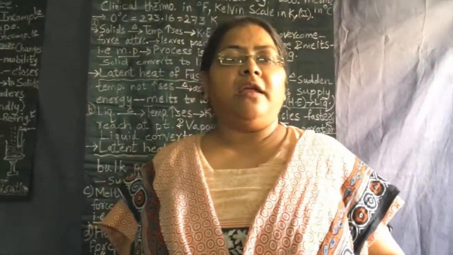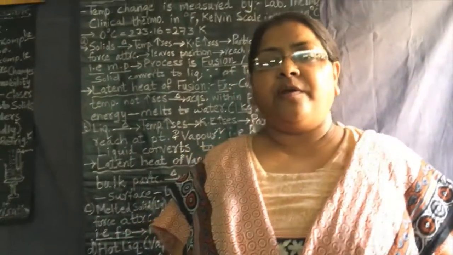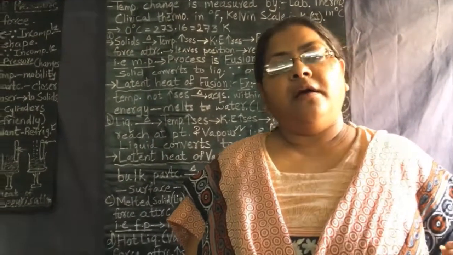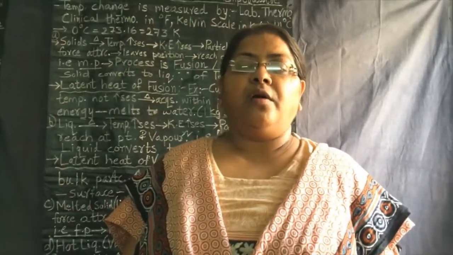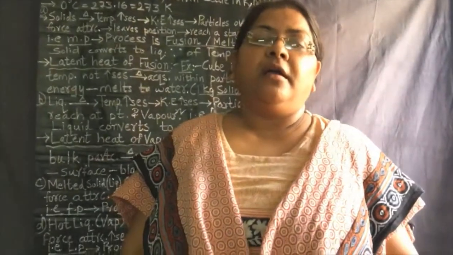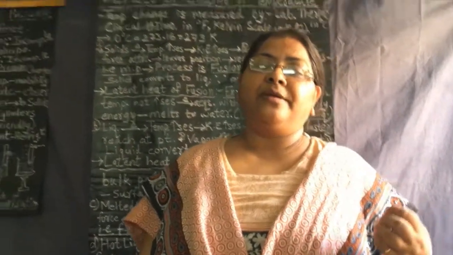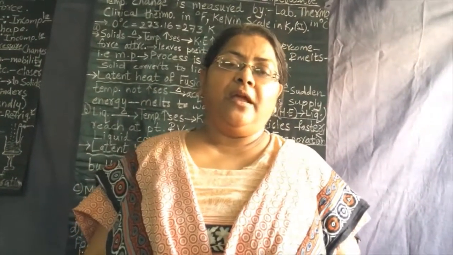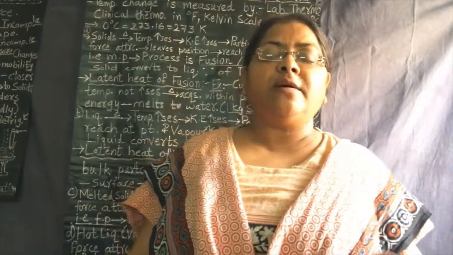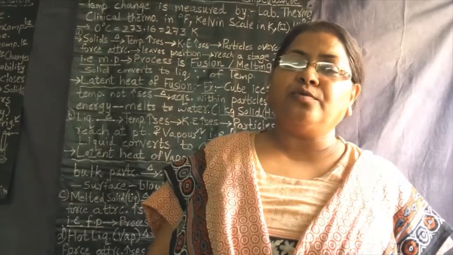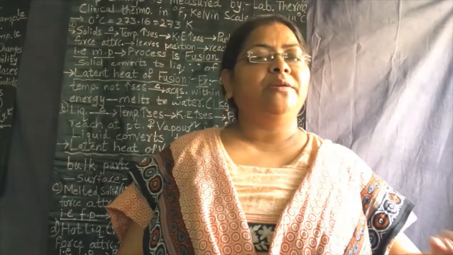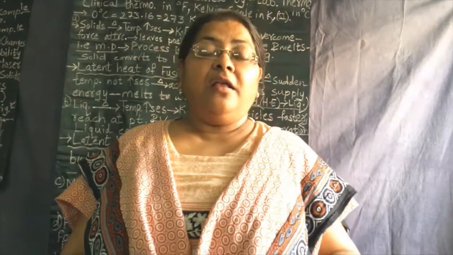But if we are doing a laboratory experiment, how will the substance, how will the matter feel that temperature is increased or decreased? So, by looking at some phenomena, we come to know that temperature is increased or decreased.